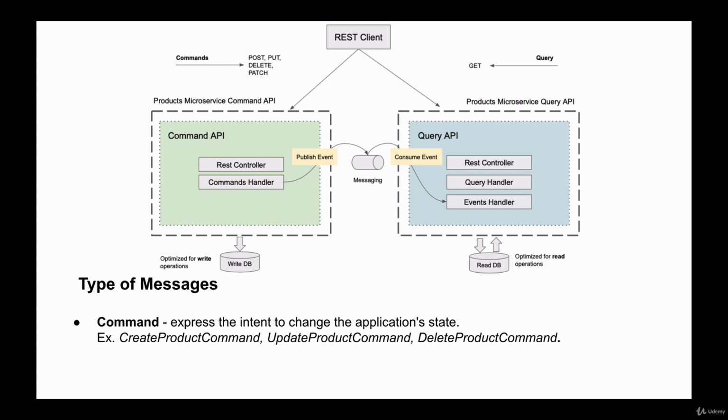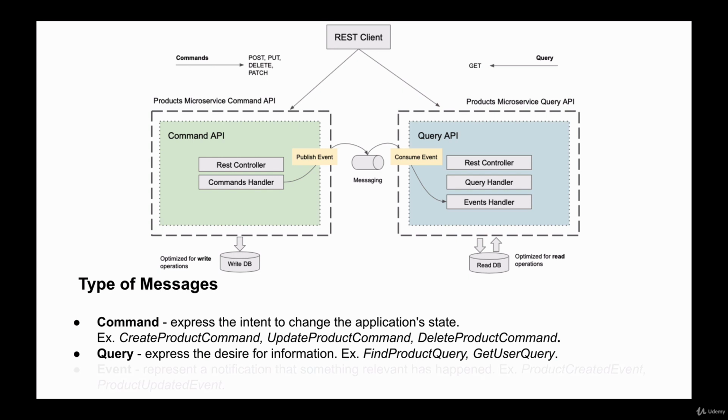The second type of message, which we have already learned about in the previous slide, is a query. And queries are used to express a desire for information. When creating queries, we will usually name them with a find or a get prefix. For example, find product query or get user query. And another message type is an event.